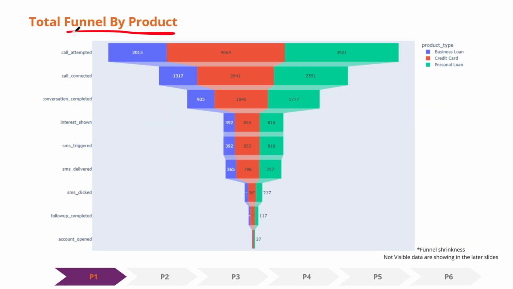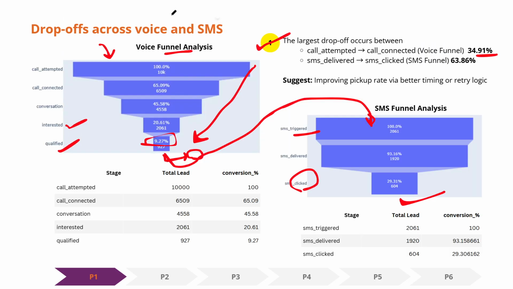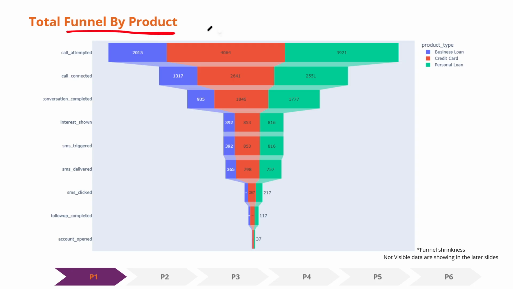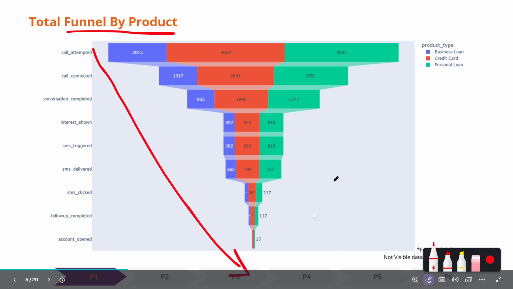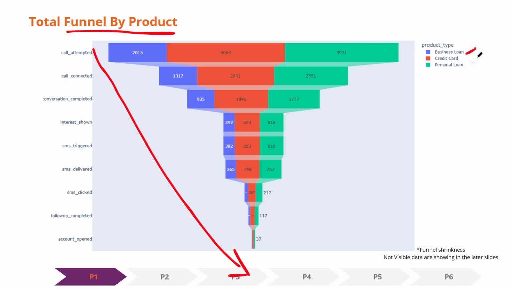Now we understood the total funnel by the product. Here we know the user comes from here and goes overall up to this path, and here our conversion happens. So in this funnel by the product, we understood how our whole system works. This is the product type: business loan, credit or personal loan.